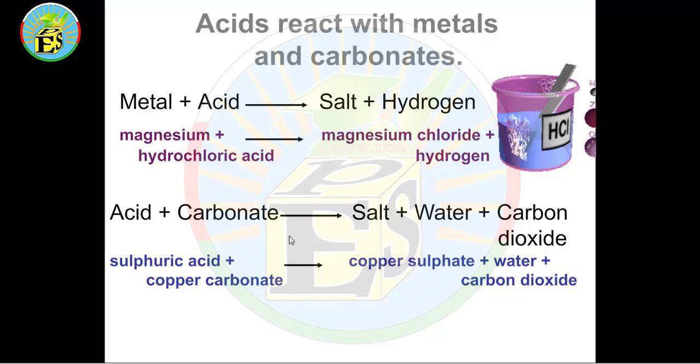Acid plus carbonate also gives salt plus water plus carbon dioxide. Sulfuric acid plus copper carbonate gives copper sulfate plus water and carbon dioxide. These are some examples of reactions of acid.